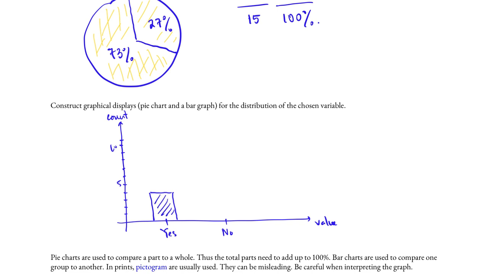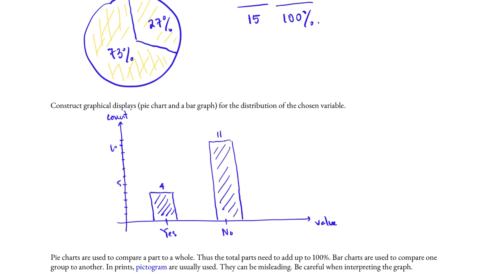And for no, there are 11 counts, so we would put up a bar that is 11 in height. The width of these bars should be the same. We don't want to make one bar wider or narrower than another. There are 4 counts for yes and 11 counts for no.